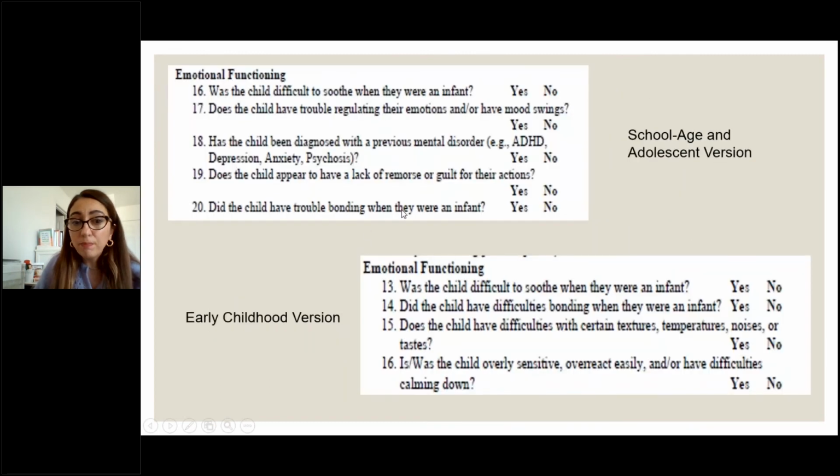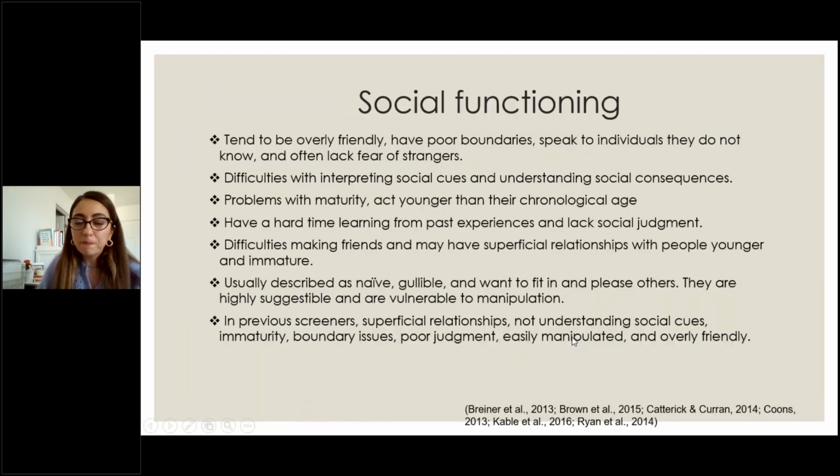So we said things like trouble bonding when they were infants, trouble soothing down, trouble with certain textures, temperatures, noises, easily overreacting, overly sensitive. So maybe this will capture some of the kids on the autism spectrum too, but all in all, when it's all put together, this is more likely to capture some of those sensory difficulties.